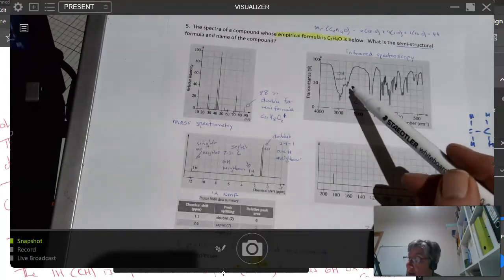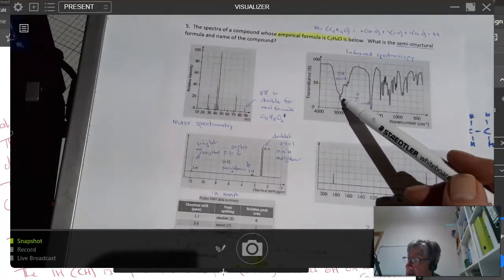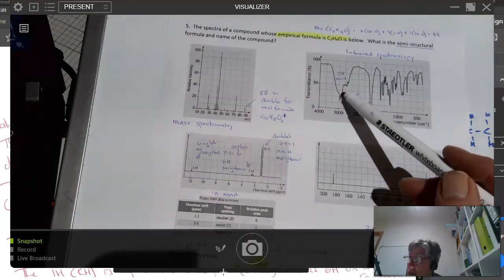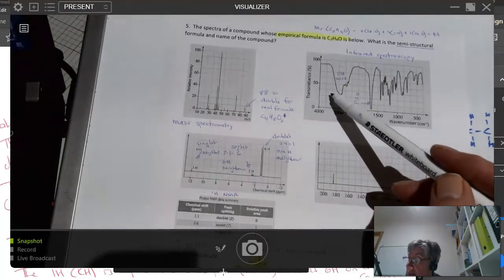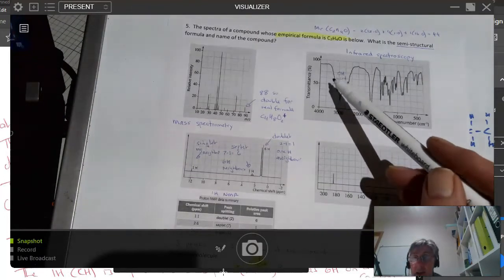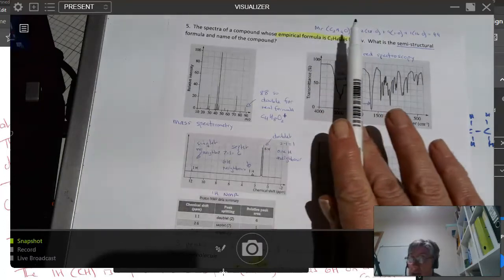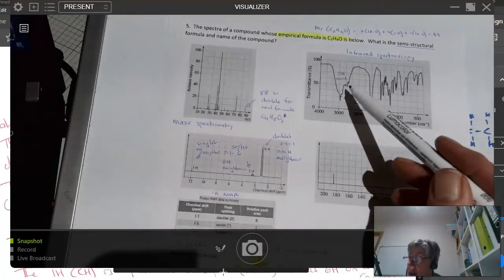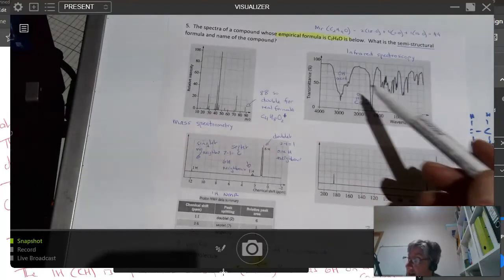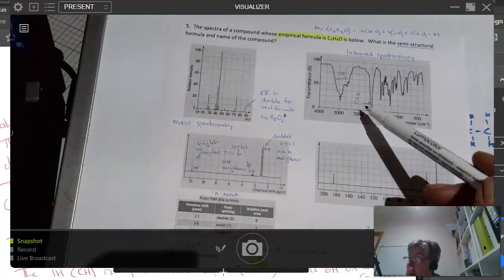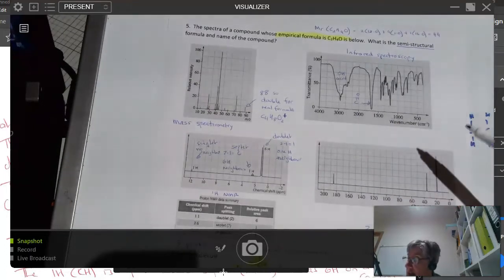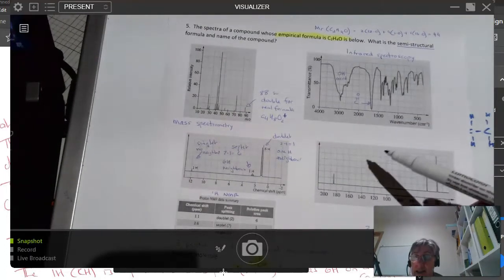Around 3000, this peak here is the carbon-hydrogen bond, and then the peak to the side is the OH, and the OH has moved down further this way because it's an OH for an acid. We've also got the sharp peak here at 1700 for our carbonyl, so those two things together would imply that it's a carboxylic acid.